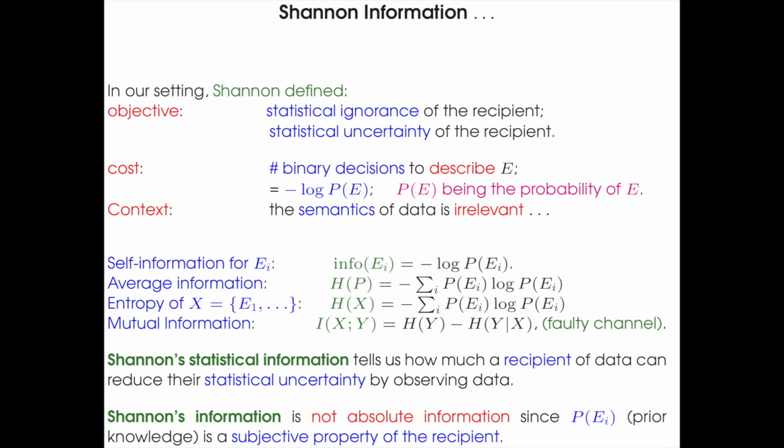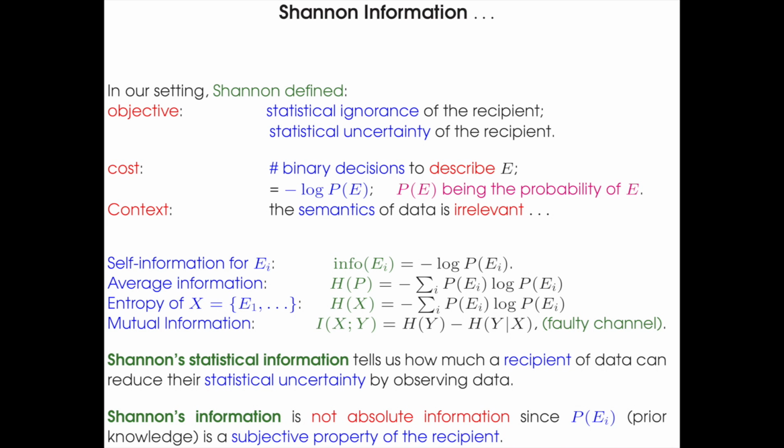Is this coin from Europe or is this an American coin? If it is from Europe, is it a Polish zloty or is it a euro? So the number of binary questions, yes or no, that you're asking for an event, that's what Shannon defined as information. That is minus logarithm of the probability of the event. That's what is called self-information.